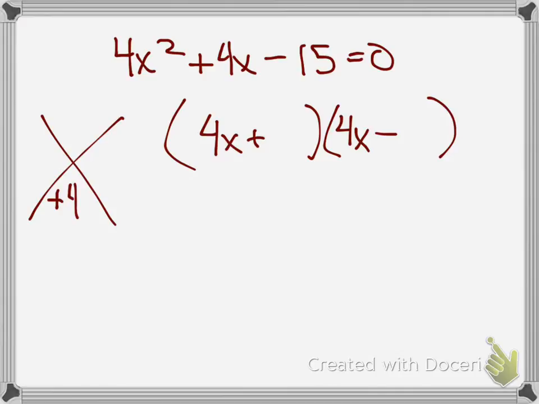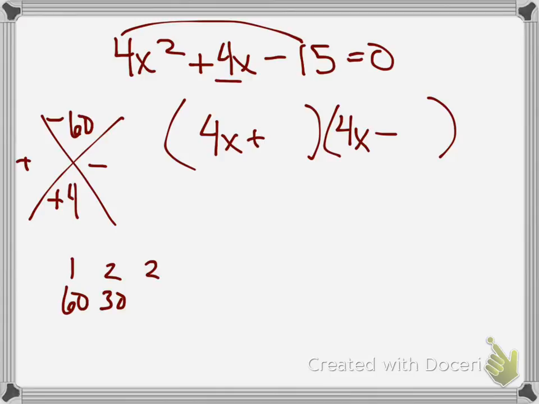Positive 4 for this 4 right here. 4 times negative 15 is negative 60. And again, I have plus minus because of those parentheses. Now, numbers that multiply to give me 60, but subtract to give me a 4. So 1 and 60, no. 2 and 30, no. 3 and 20, no. 4 and 15, no. 5 and 12, no. 6 and 10.